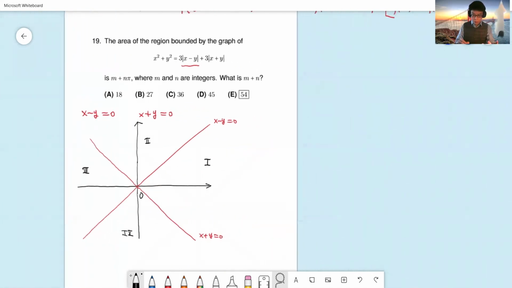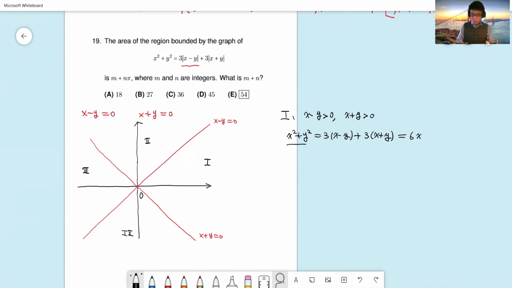Let's consider region 1. In region 1, we have x minus y positive and x plus y also positive. So both are positive. Now the equation becomes x squared plus y squared equals 3(x minus y) plus 3(x plus y), which equals 6x.